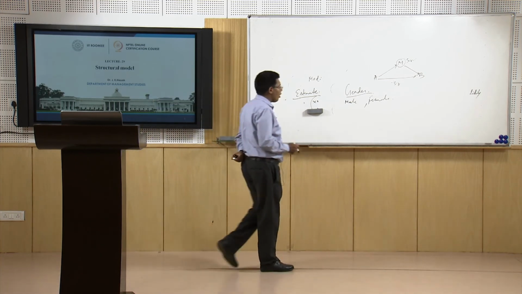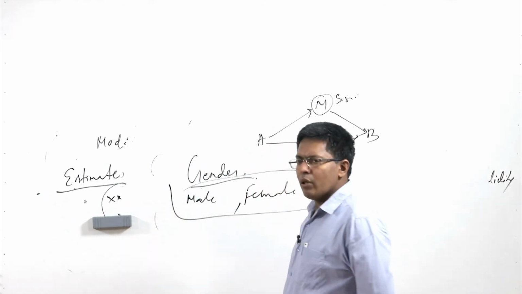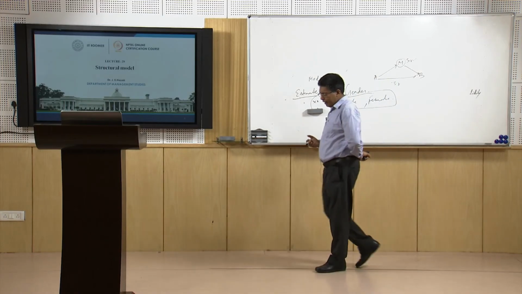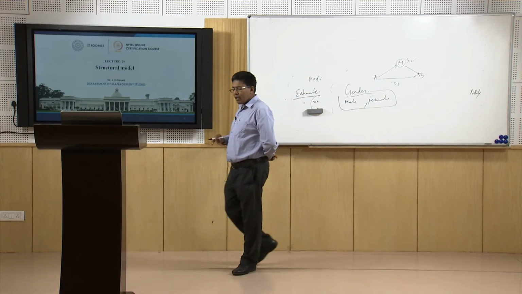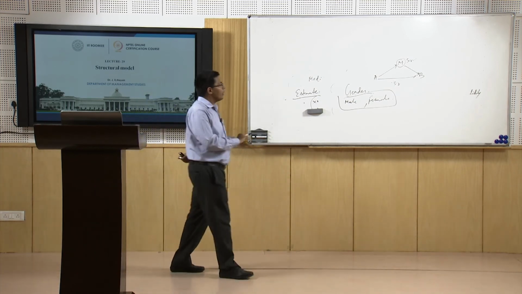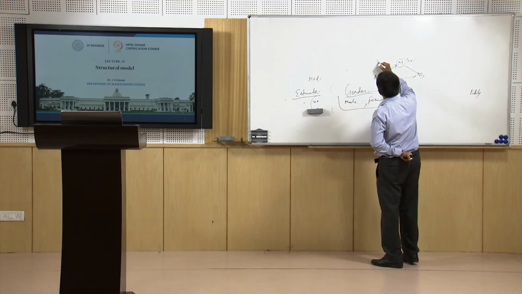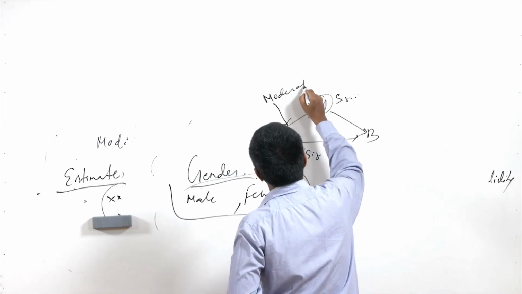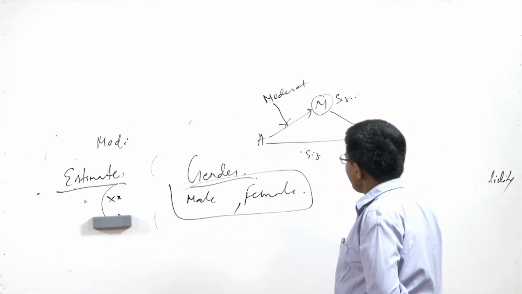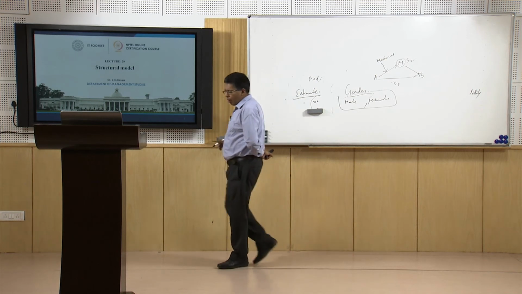So, if you do a moderation test, then we can easily explain whether gender is moderating the relationship between, let us say, A and B. I am putting in a moderator here.